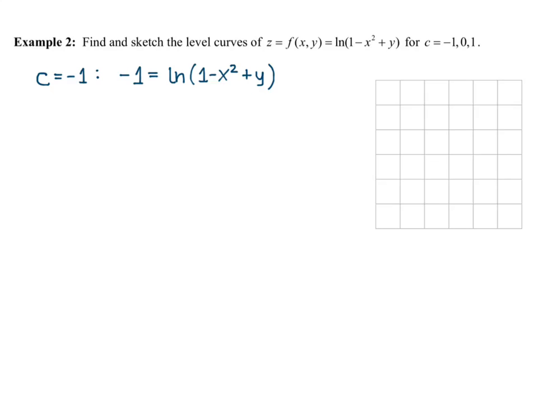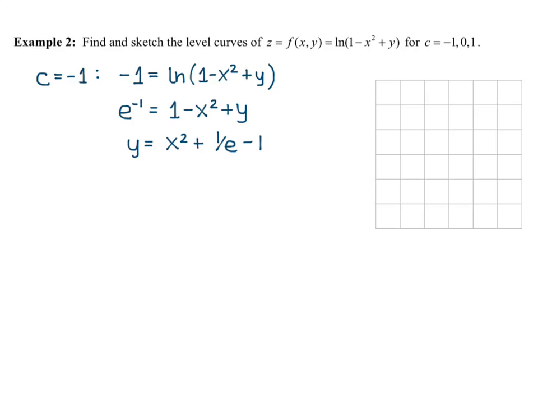To get rid of a natural log, we want to think about its inverse. E to the x is the inverse of natural log. So I'm going to raise both sides to the e, or rather do e to the power of each side. So I have e to the -1 equals 1 minus x squared plus y. Solve that for y and we get y equals x squared plus 1 over e minus 1.